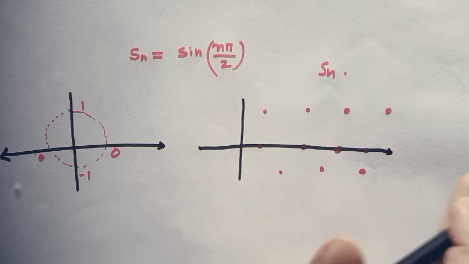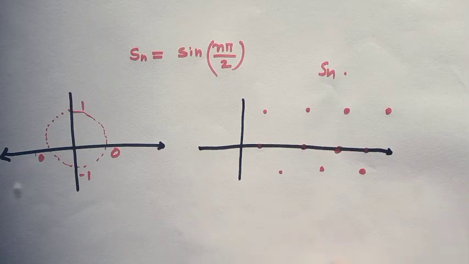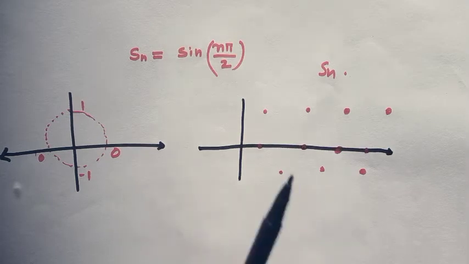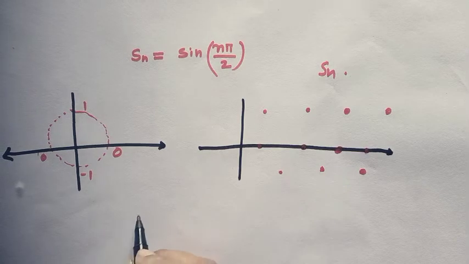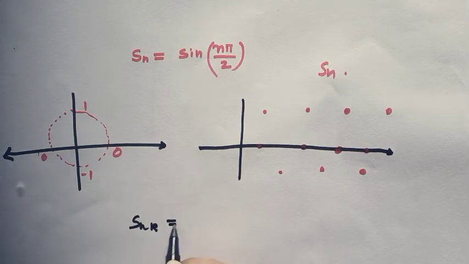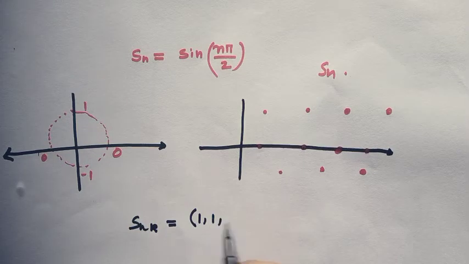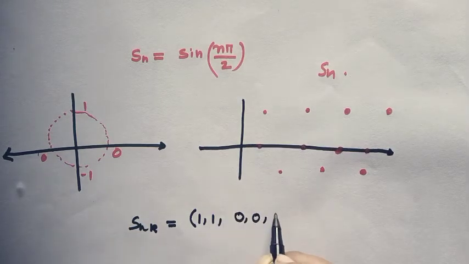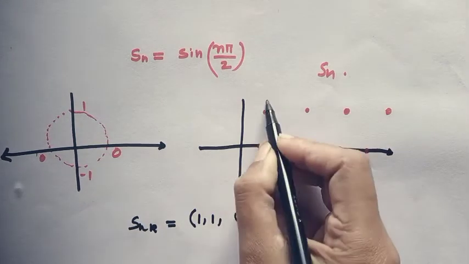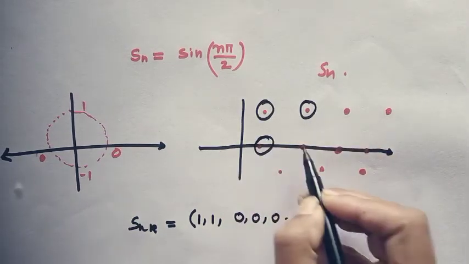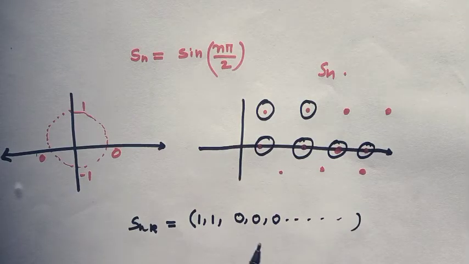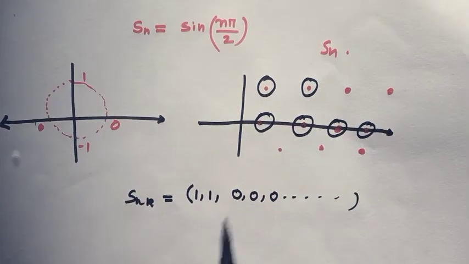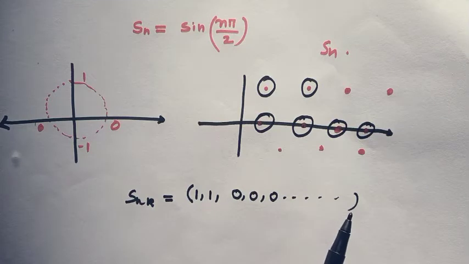And there are many subsequences: 1, 1, 1, 1; 0, 0, 0; 1, 1, 1; -1. Many. Now, we choose an interesting subsequence. Choose s_{nk} equal to 0, 0, 0, 0, and so on. And notice this subsequence converges to 0.